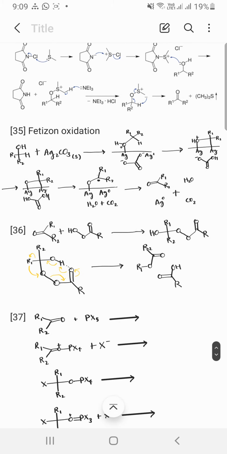Okay, next. Fetizon oxidation. Yes, this thing. So Ag2CO3 solid. It does two things.